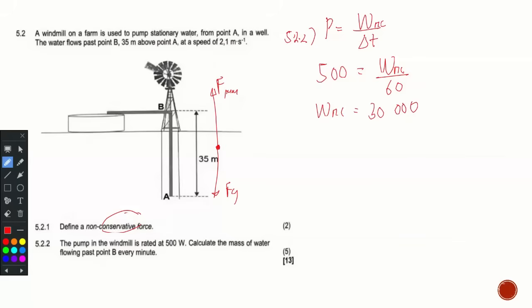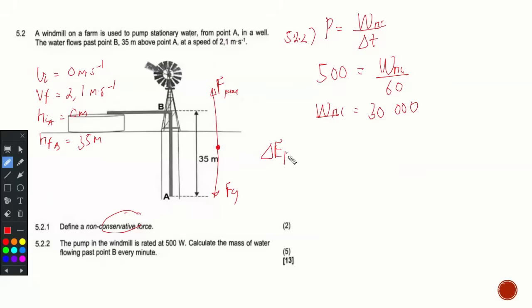30,000. But then considering what we are given here, we are given velocity initially is 0 meters per second. We are given final velocity is 2.1 meters per second, right? And then also again, we are given the height at point B. So height initially at point A would be 0 meters, and then height finally at point B would be 35 meters. So obviously, looking at this, it suffices for us to use WNC, because we're simply going to say WNC breaks down to what?